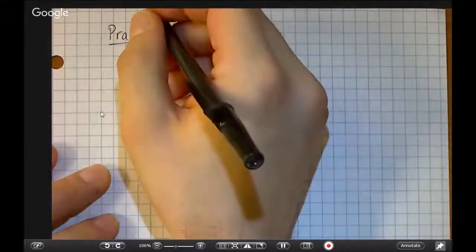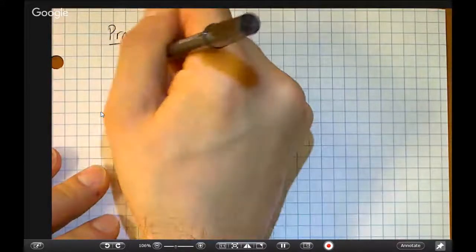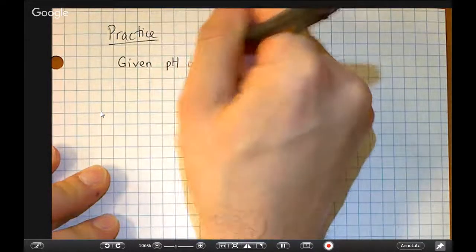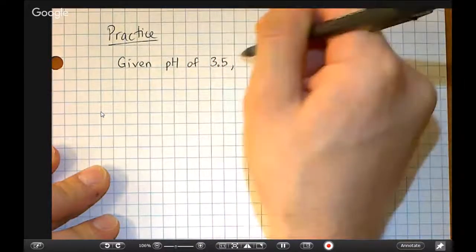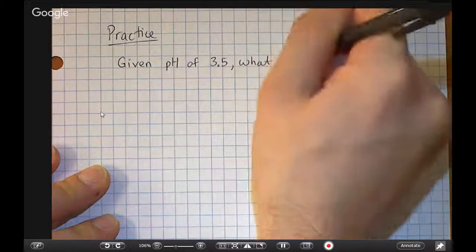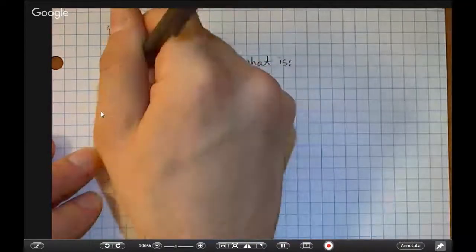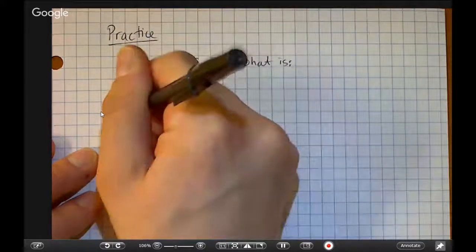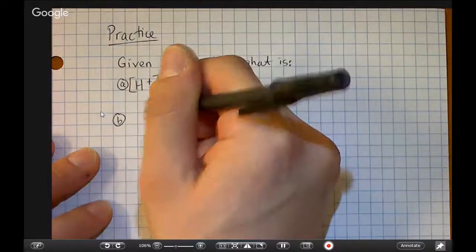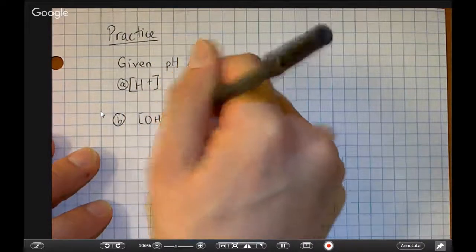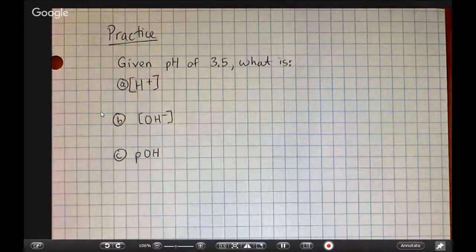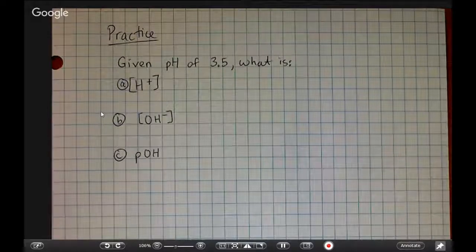For this one, given a pH of 3.5, what is the H plus concentration? What is the hydroxide concentration? And what is the pOH? Even though I've labeled these A, B, and C, you can do them in any order that you choose.